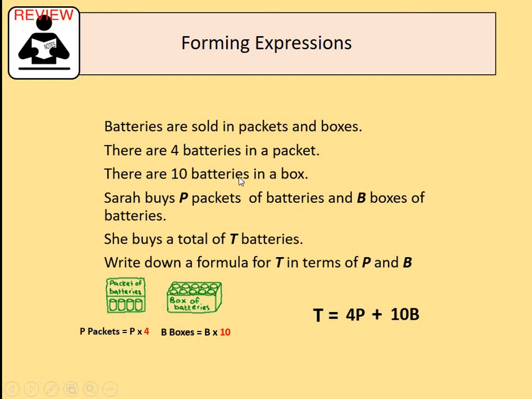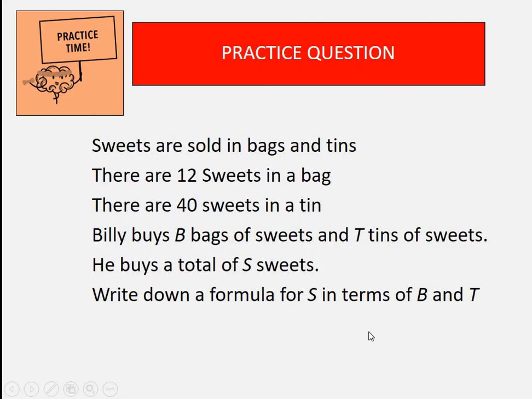And for boxes, we do B times 10, which is 10B. So my formula, remember you can't solve a formula unless you know some values to substitute in for P and B, but my formula would be that the total is 4 times however many packets she buys, plus 10 times however many boxes she buys, and that would give us the total number of batteries. So the formula is T equals 4P plus 10B.